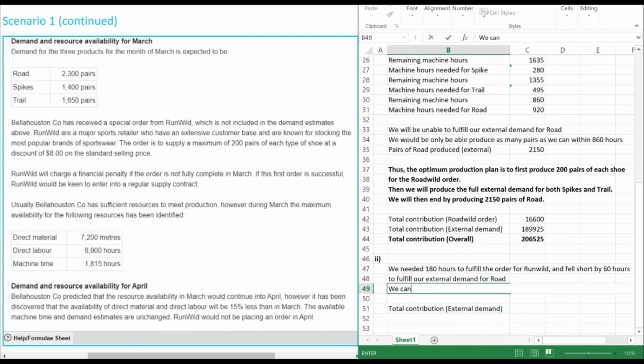We will first fulfill external demand, as that is more profitable per pair. The remaining 120 hours can be used to fulfill the Runwild order to the extent possible.